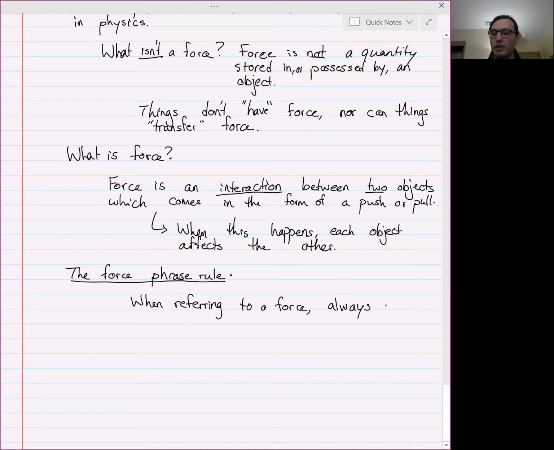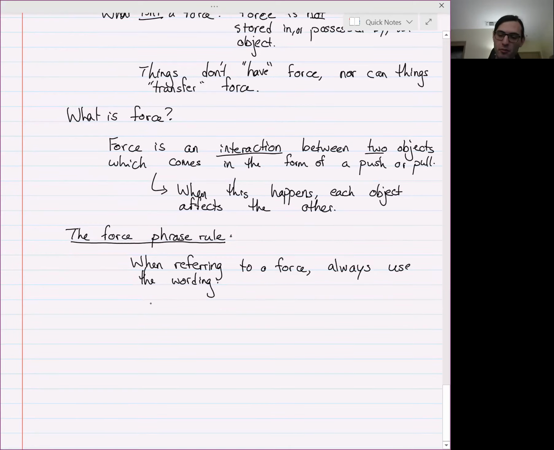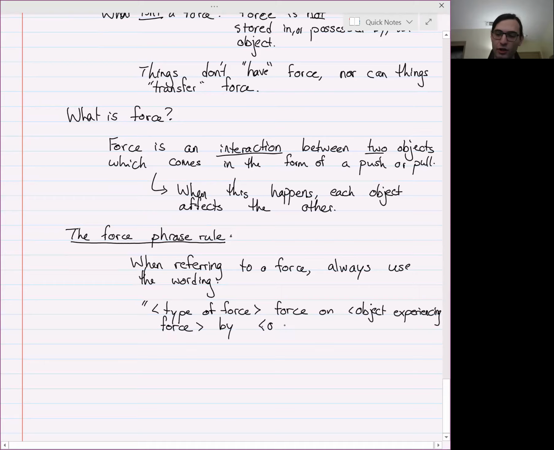You should always use the wording: a type of force, maybe gravitational force or spring force, and then force on the object experiencing the force by the object exerting the force.